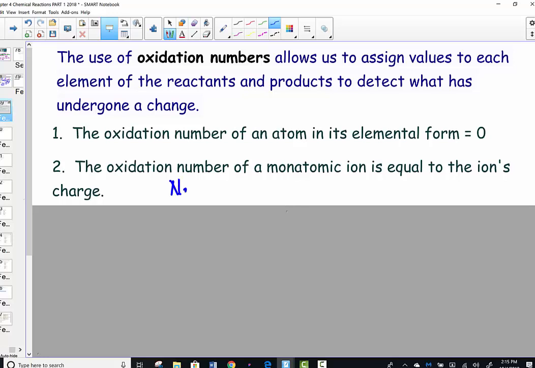When I look at that example, sodium chloride from the previous slide, sodium as an ion is +1. Sodium as a metal was assigned a 0. Chlorine as a diatomic gas was assigned a 0. Those are its elemental forms. But if they're hooked together in a compound, we now call them charged ions. The oxidation number is the same number as the charge it carries. Rule 2.